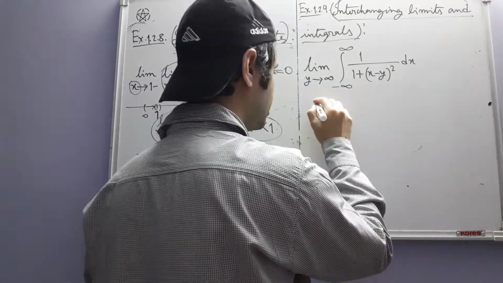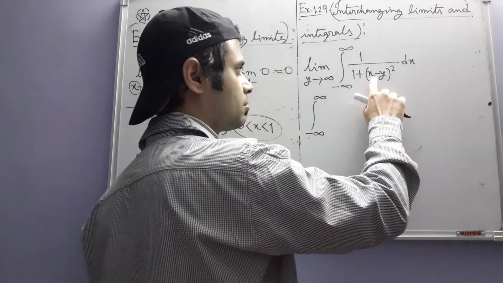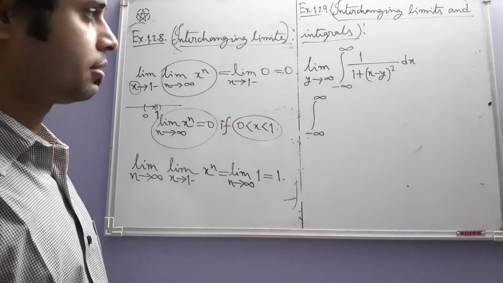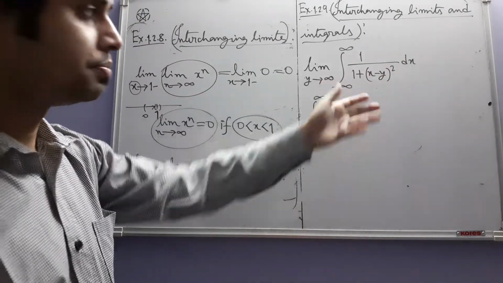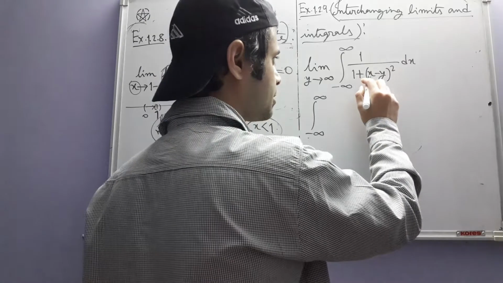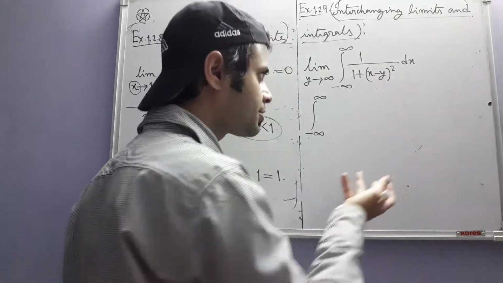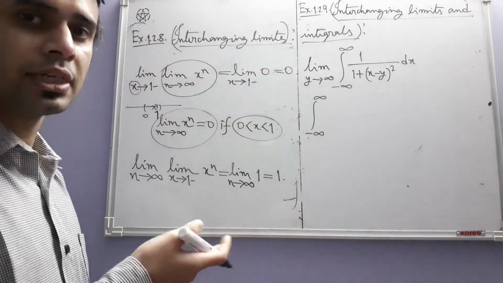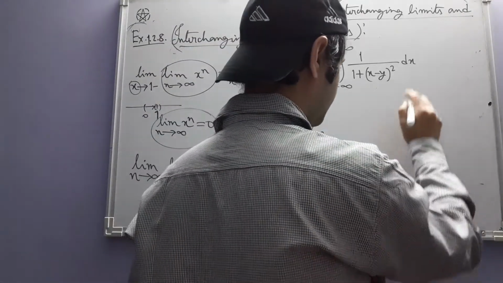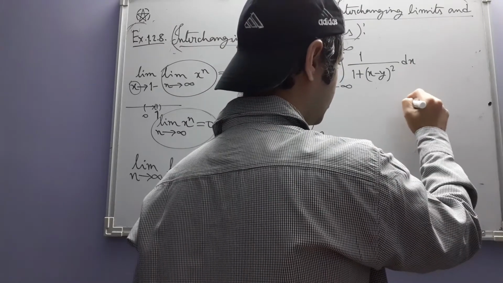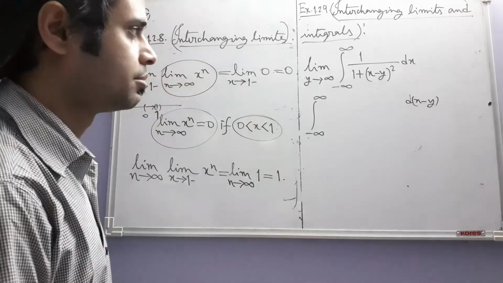It's not very difficult. If you make the substitution that x minus y is a variable, since y is constant, in place of dx you can write d(x minus y).